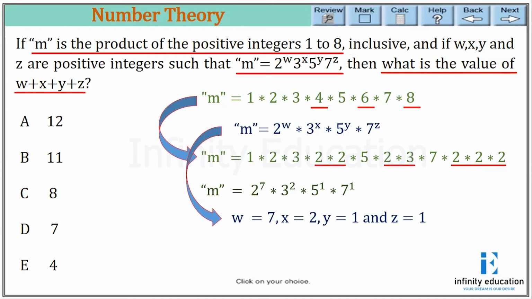The question is asking for the value of W, X, Y and Z. Oh sorry, it's W plus X plus Y plus Z. So the sum W plus X plus Y plus Z is 7 plus 2 plus 1 plus 1, that is 11. So B is the answer to the question.